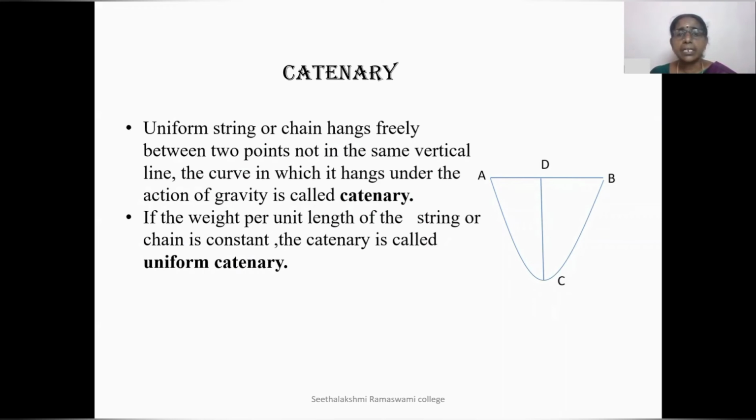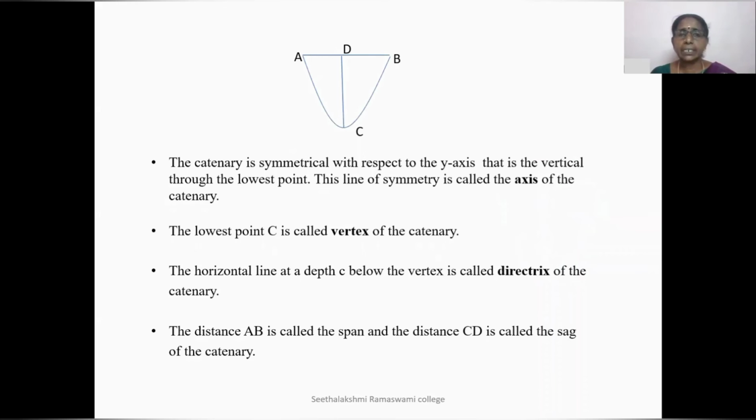A uniform string or chain hangs freely between two points, not in the same vertical line. The curve in which it hangs under the action of gravity is called a catenary. If the weight per unit length of the string or chain is constant, the catenary is called a uniform catenary or common catenary.